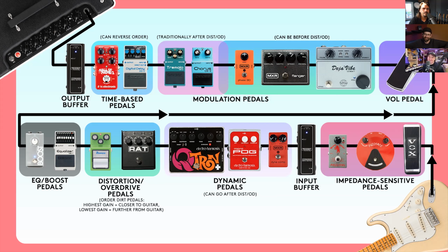I would say, if we're going off of order, I'll get a lot of people that will come through and they kind of have an idea of what they want when it comes to their modulation order. I get a lot of questions about the chorus pedal, really, honestly, like where should my chorus be in my chain?